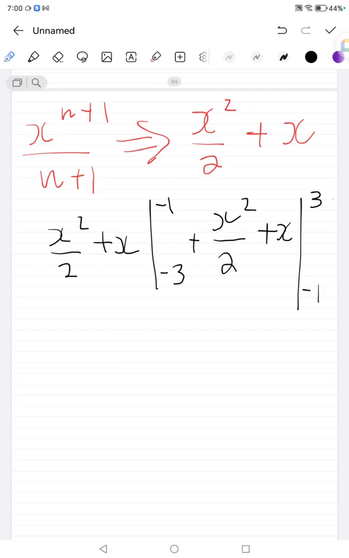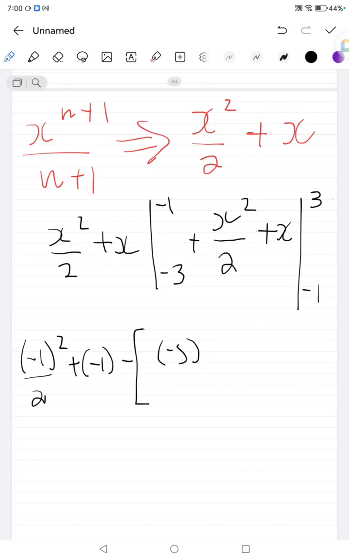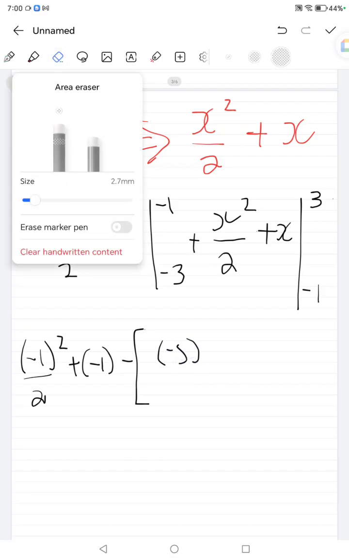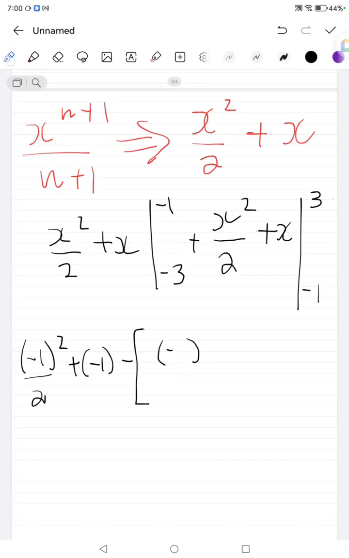So now we're going to have minus 1 squared over 2 plus 1 times minus 1, minus, then into minus 3, then minus 3 squared over 2 plus 1 times minus 3.